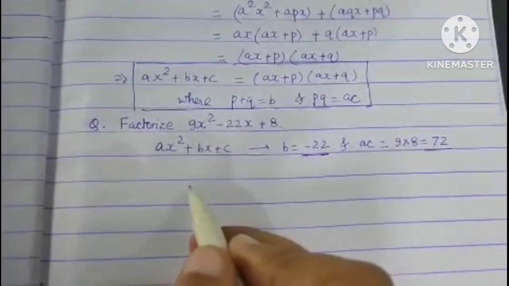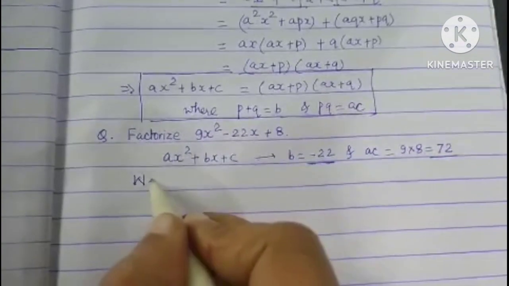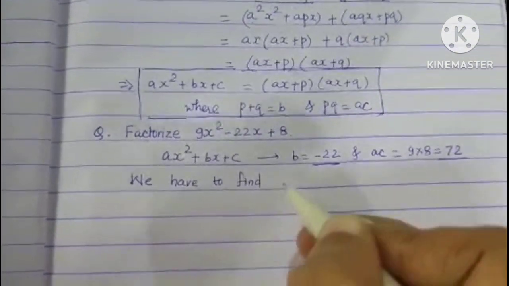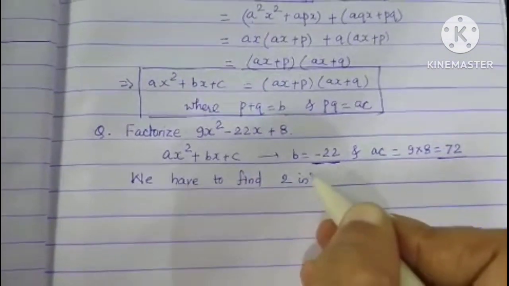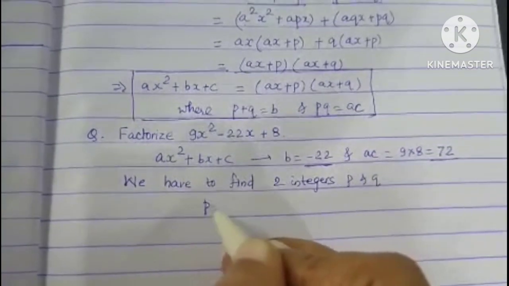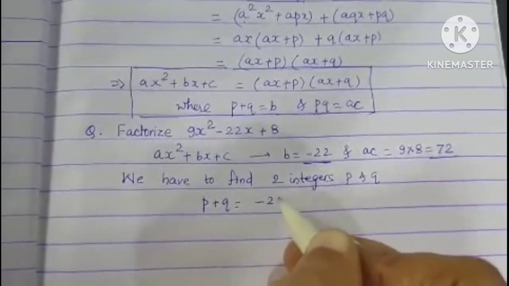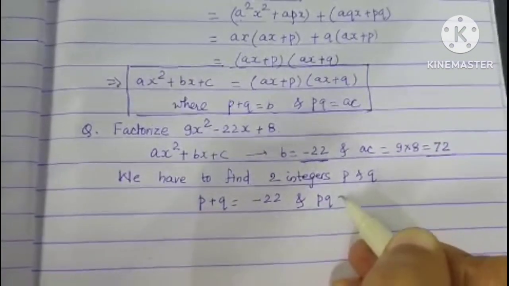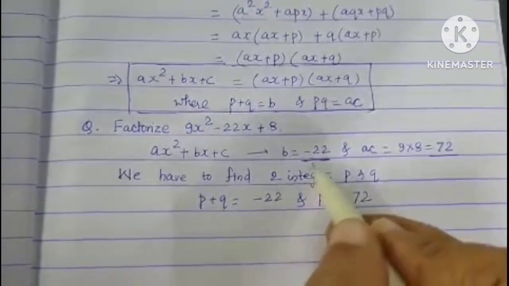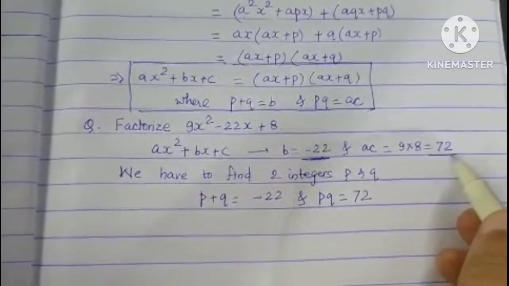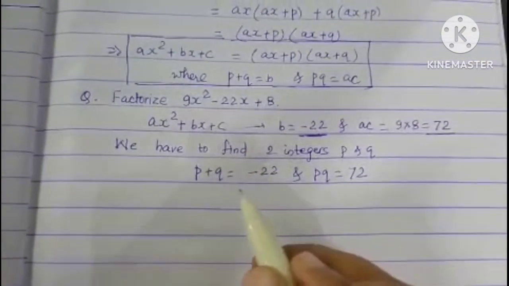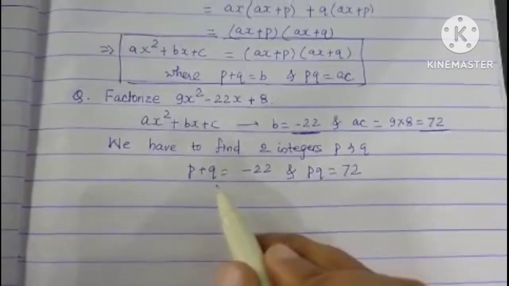So we have to find two integers p and q such that p plus q is equal to minus 22 and pq is equal to 72. So the main focus should be how to find those two integers p and q.